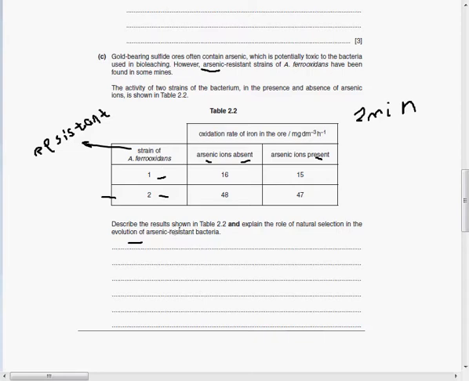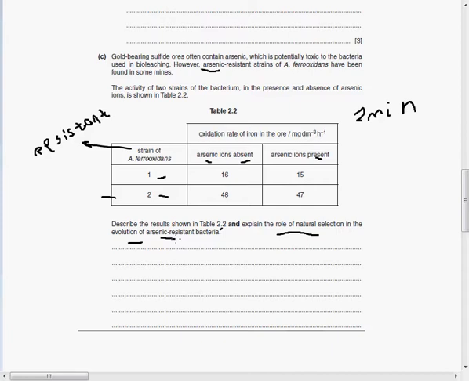We describe the result in table 2.2, and then you can quote some values. The second thing is the role of natural selection in the evolution of arsenic resistant bacteria. If you want to explain natural selection, you can say that selection pressure occurred.